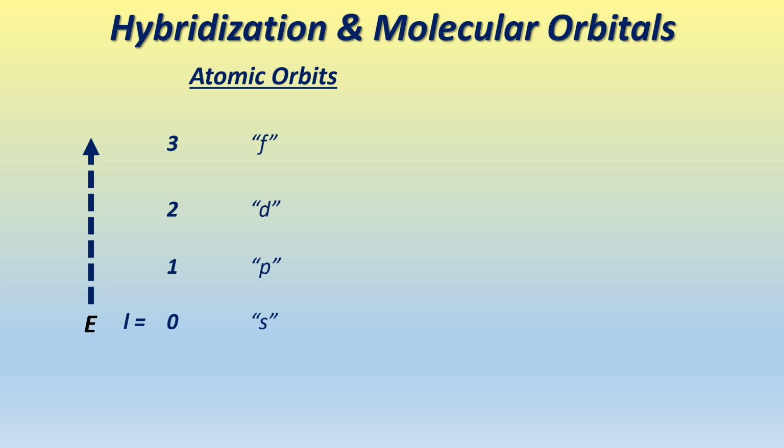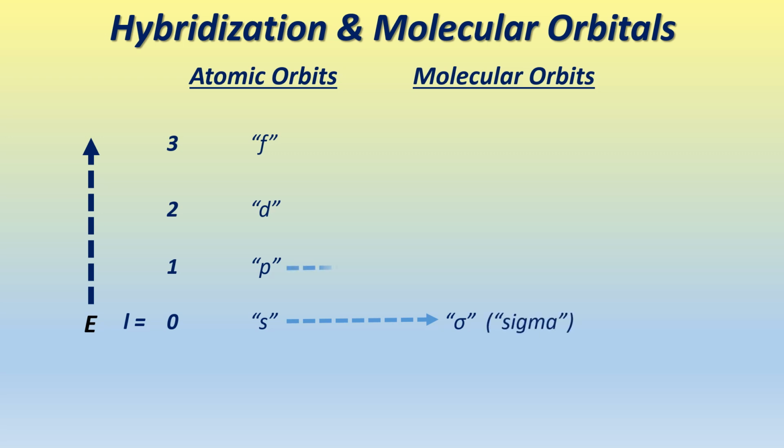So for L equals 0, an S as a molecular orbital becomes the Greek letter for S, sigma. P becomes the Greek letter for P, pi. D becomes a delta. And F becomes the Greek letter for F, phi.